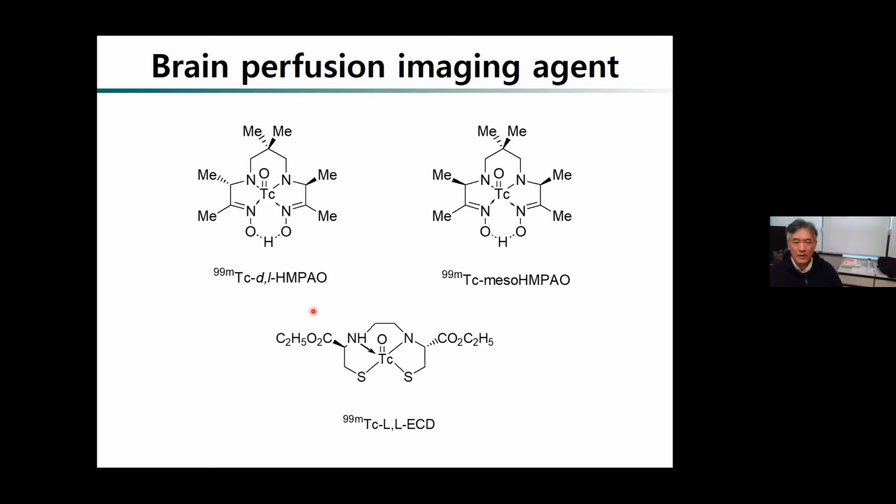You can see the vascularization in the brain after the injection of this compound, and then you can focus on which part is the blockage of the brain vessels.